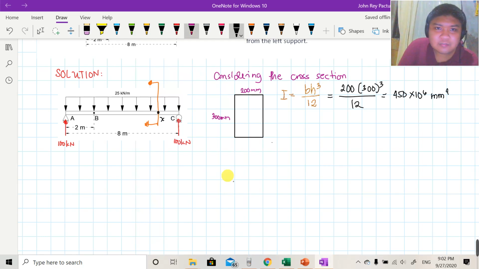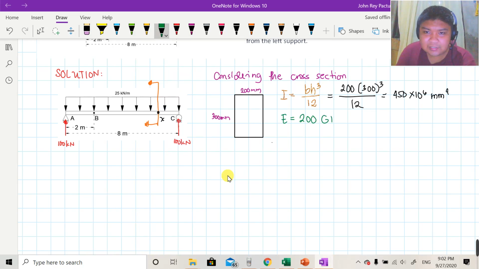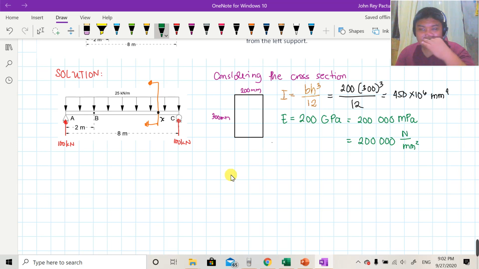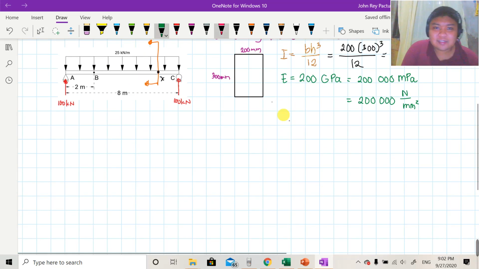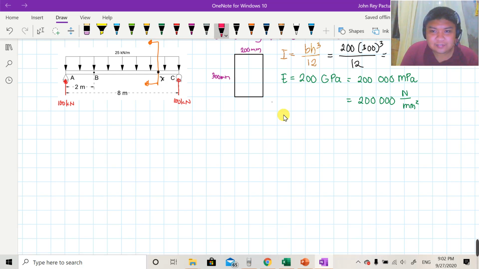So, after nun, di ba, kung maalala nyo, binigyan tayo ng modulus of elasticity na 200 gigapascal or simply 200,000 megapascal. But take note, ang unit na megapascal, di ba, ang unit nun ay Newton per mm squared. So, kailangan ko class mahanap yung ating flexural rigidity na EI before ako mag-proceed nga sa computation. So, simply, ang gagawin lang naman natin dito class is to take the product of the modulus of elasticity and the moment of inertia.